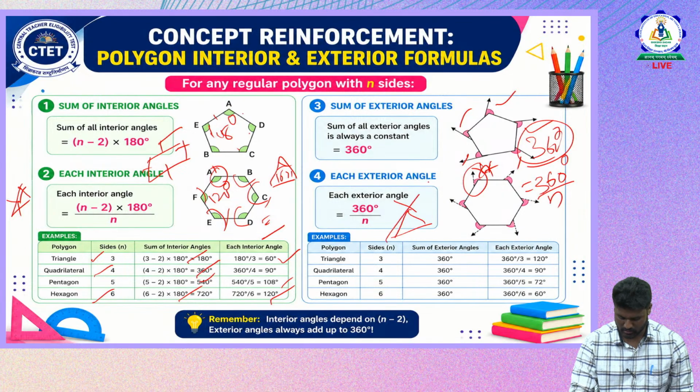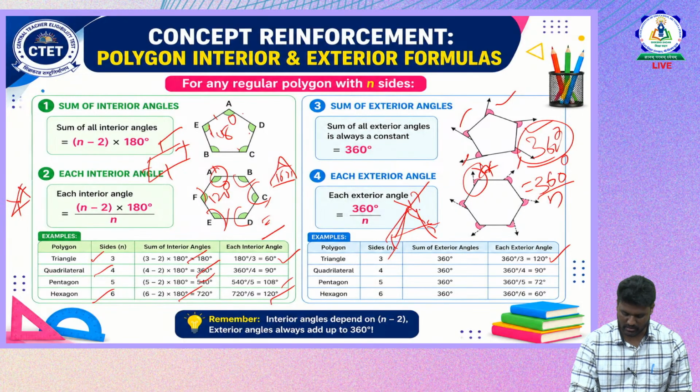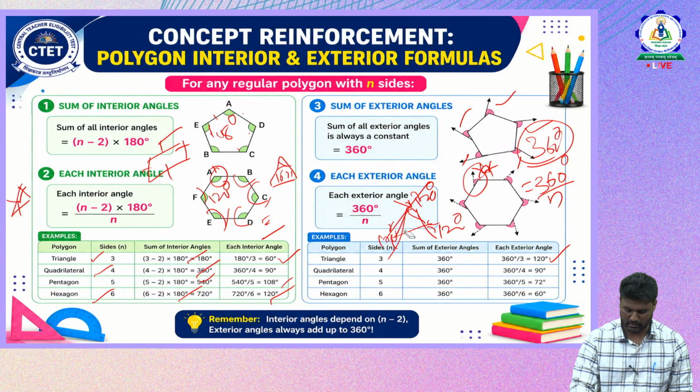These are the exterior angles. The sum of the exterior angles becomes 360. For each angle, if we divide 360 by 3, we get 120. So in a given triangle, each exterior angle will be 120 degrees.